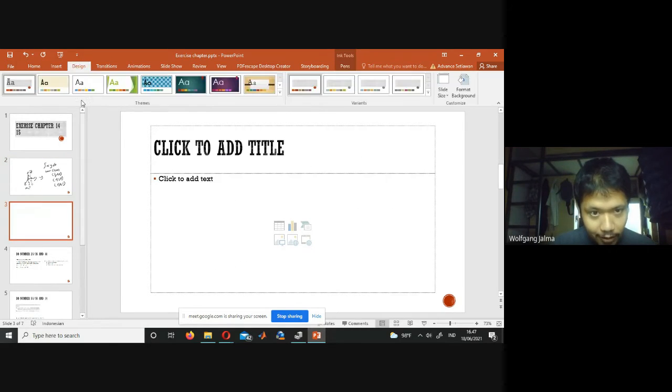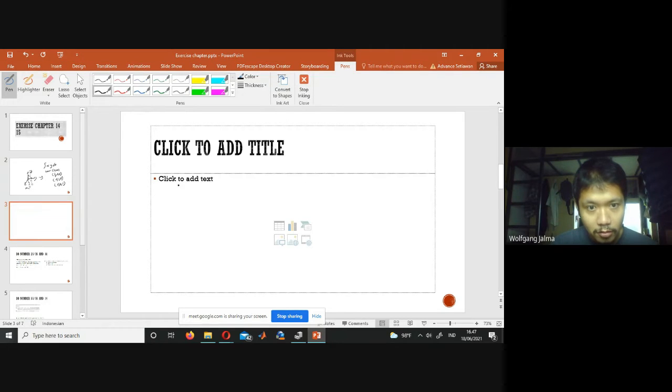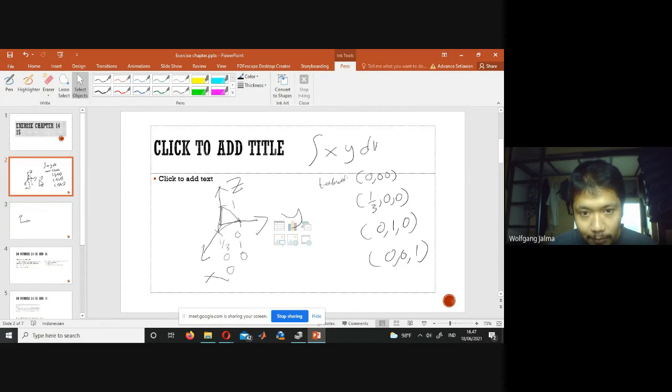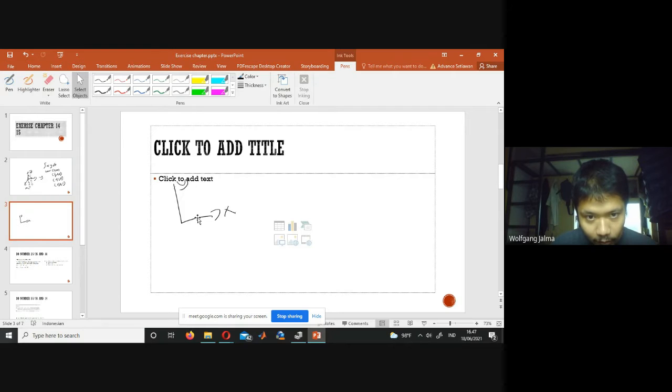So if we have xy, it becomes 1/3, 1. The same with xz, 1/3, 1.